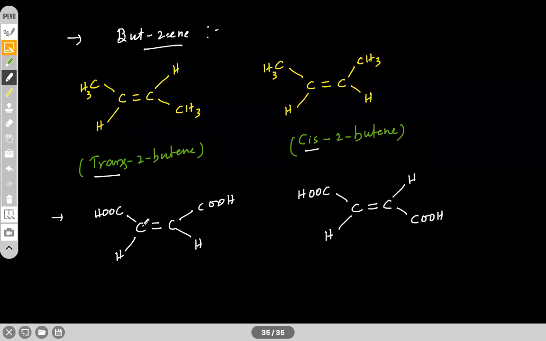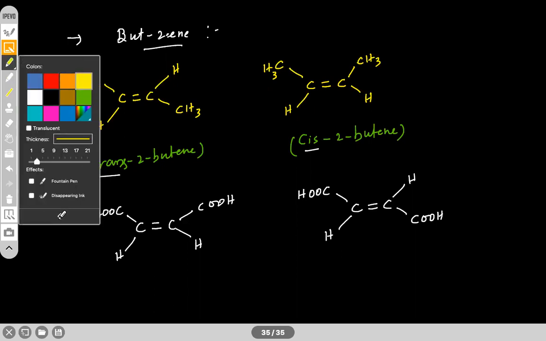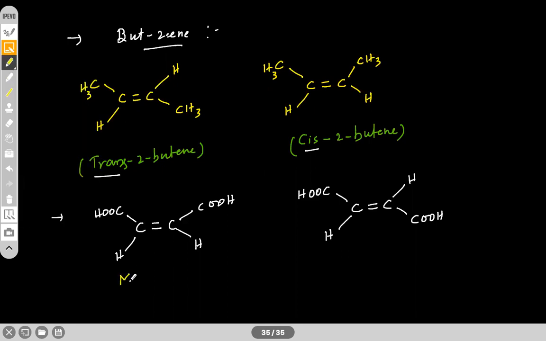This compound, you see the molecular formula is the same. The name of this compound you must remember: malic acid. This is malic acid. This one is fumaric acid.